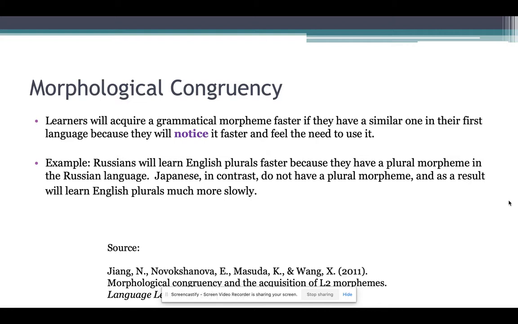What makes the morphological congruency hypothesis so important for SLA is that it gives us some insight into the mind of the learner. I'm sorry that this complicates things, but this is important.